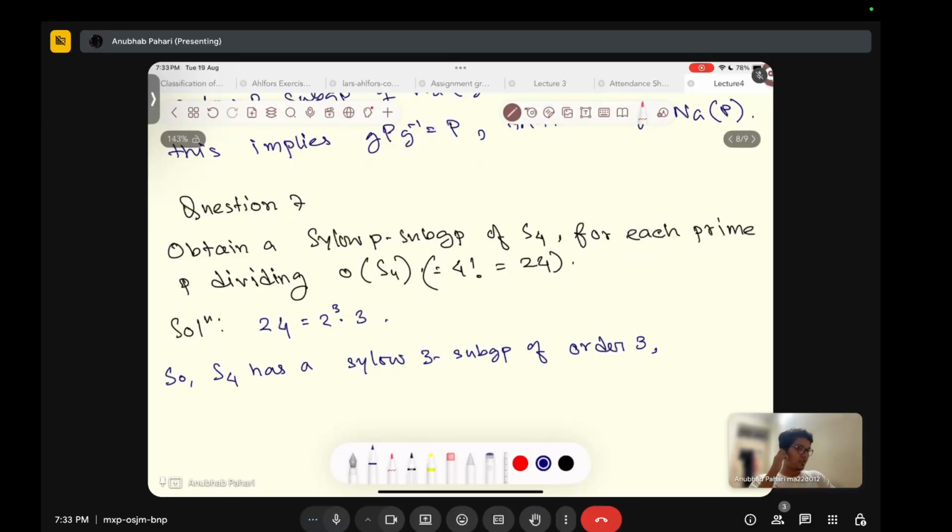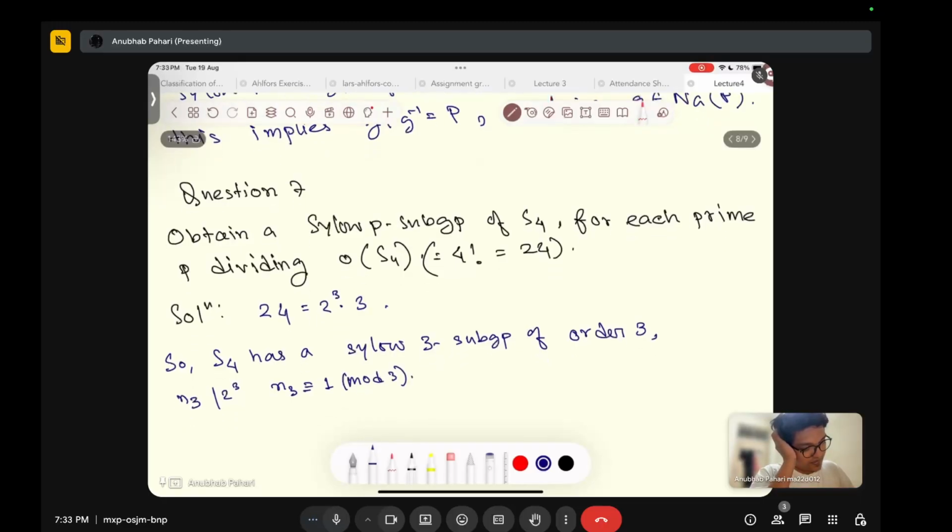Because there is already a 3 there, and n3 divides 2 cube and n3 is 1 mod 3. So all the possibilities are 1 and 4, right? So S4 has a Sylow 3-subgroup of order 3.